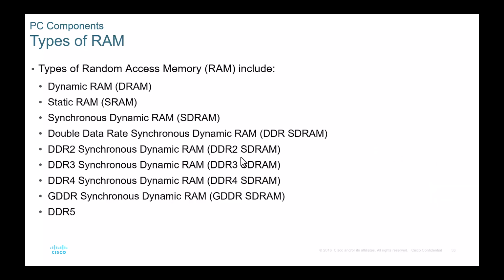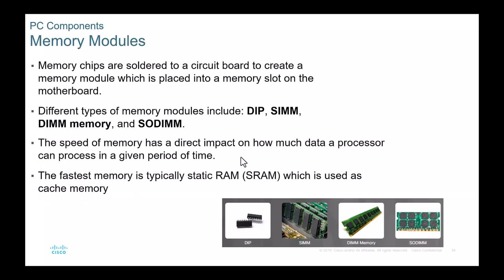Different types of RAM going back, you probably only need to go back to DDR3 and 4. For this test, for A+, just knowing DDR4 and DDR5 speeds would be very beneficial, and also knowing the difference between DIMMs and SODIMMs.